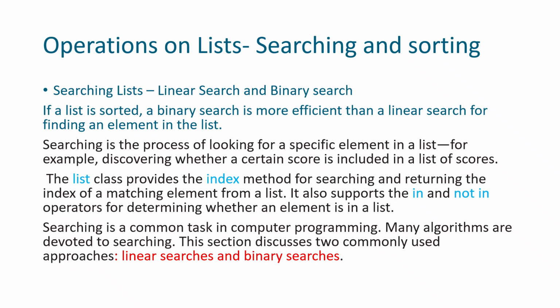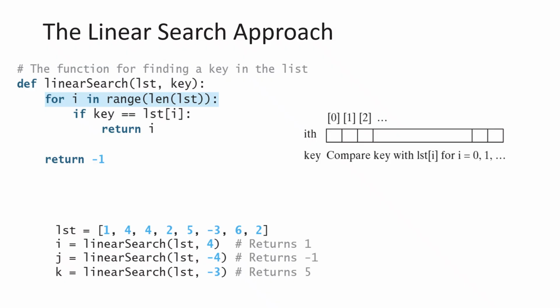Searching is a common task in computer programming. Many algorithms are devoted to searching. Now we will discuss two commonly used approaches, linear search and binary search. Linear search approach: the function for finding a key in the list. First we have to declare a function, def linearSearch.